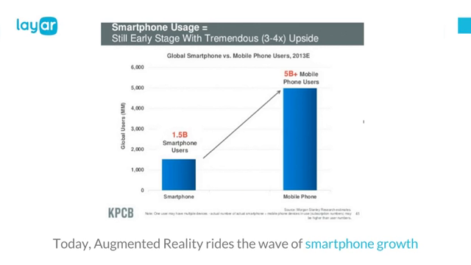And what is really great about that, if you take a closer look at smartphone usage at a global level, you see that augmented reality rides the wave of smartphone growth. We have a huge projected growth of smartphone usage from 1.5 billion to almost 5 billion, which is huge. And I think all of us can see the effect of that in our daily lives.